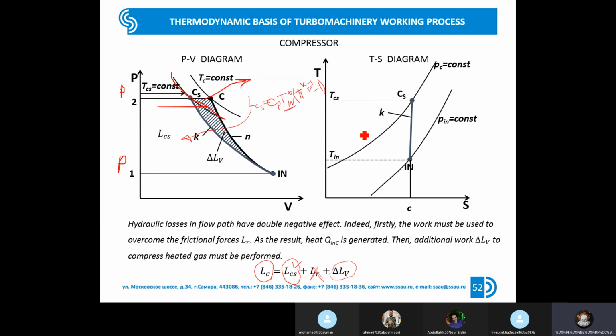And finally, what does it mean for us? It means that this point with the same pressure will be moved in the direction of increasing temperature in the real process, because the temperature at the outlet of the real process will be higher. And that's why the real process line in TS will look like this graph.